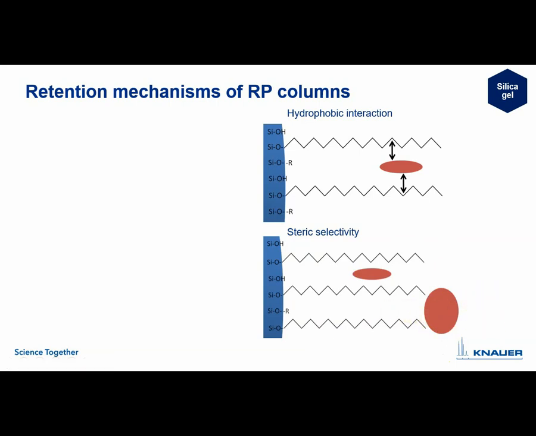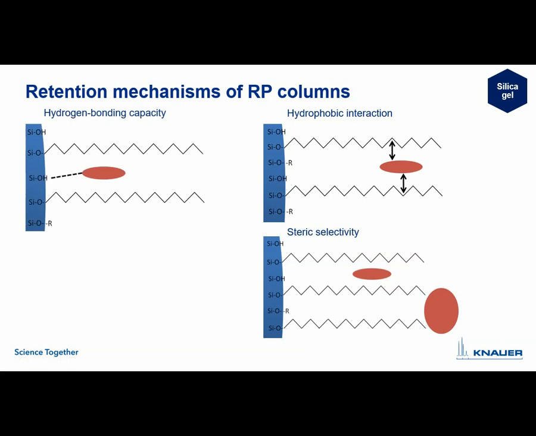And the steric selectivity is really made up by the column, and depending on how hard these chains are standing in the room, so something like a brush type column where it's really, really strong, or if they are really soft and the chains can go a little bit side by side, there the steric selectivity won't be that high.